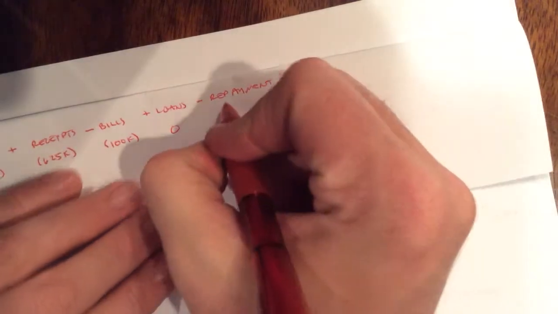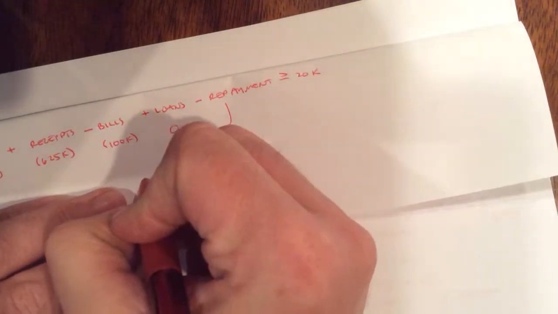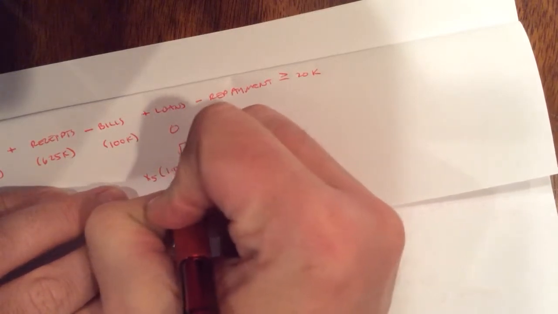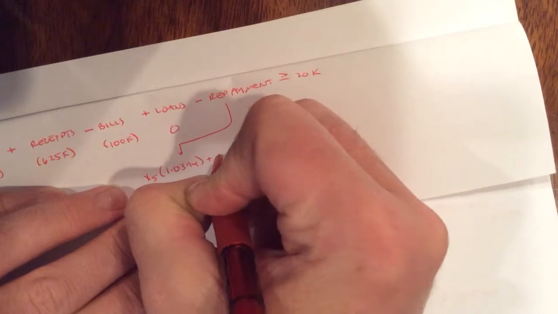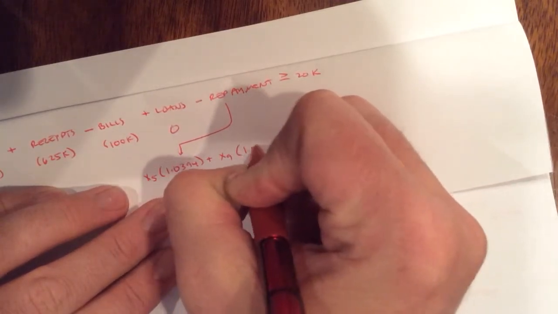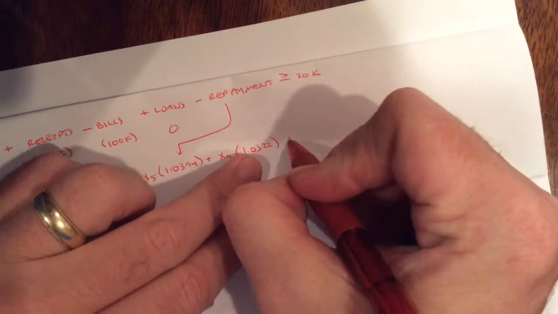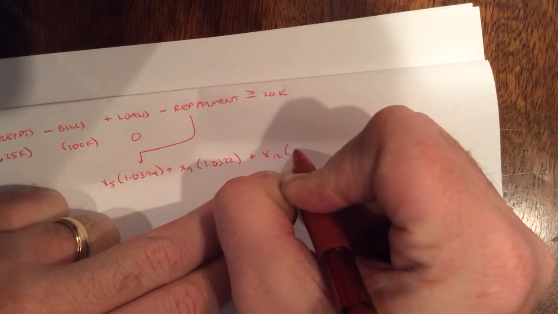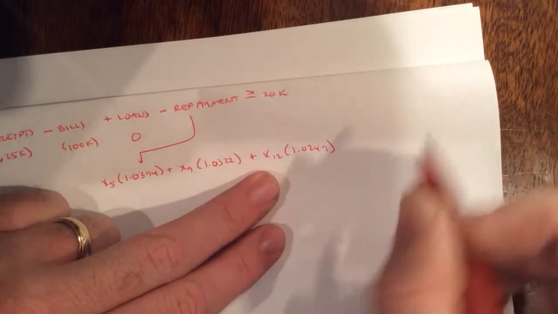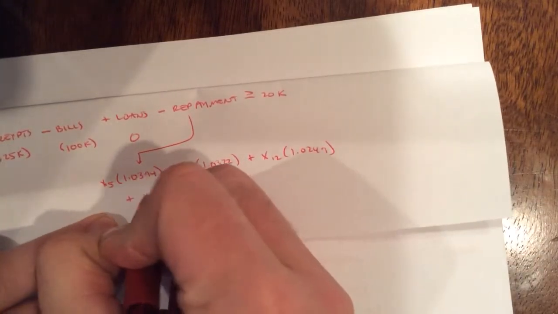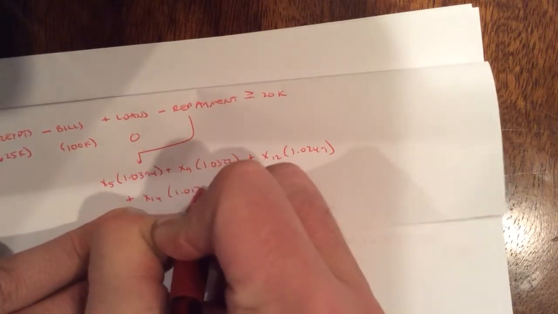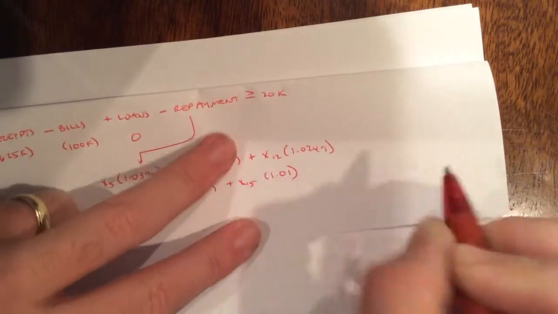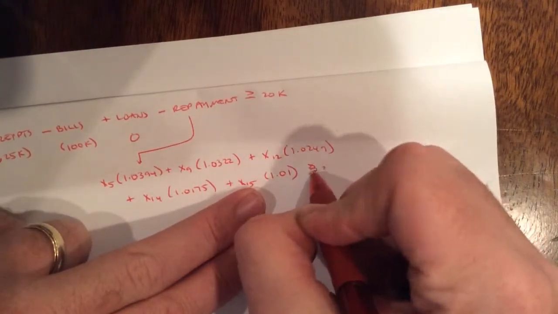So the way we write that, repayments is going to be X5 times the interest rate on a 5-month loan, 1.0394, plus X9 times 1.0322, plus X12 times 1.0249, plus X14 times 1.0175, plus X15 times 1.01, is greater than or equal to, oh, we have that, 20.